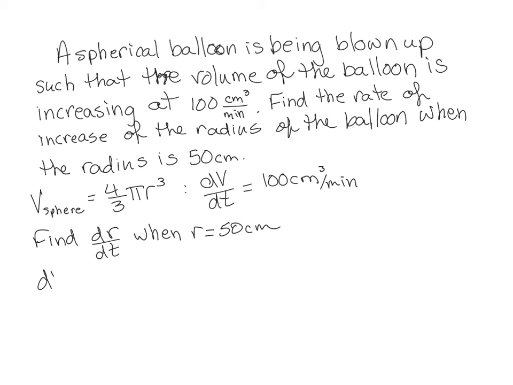So the derivative of volume with respect to time is, I'm just taking the derivative now, r is the only variable here. We're going to bring down the 3 to multiply. It's going to cancel that guy. 4 pi, r is now squared, but r is changing with respect to time. So we have to chain rule that derivative.